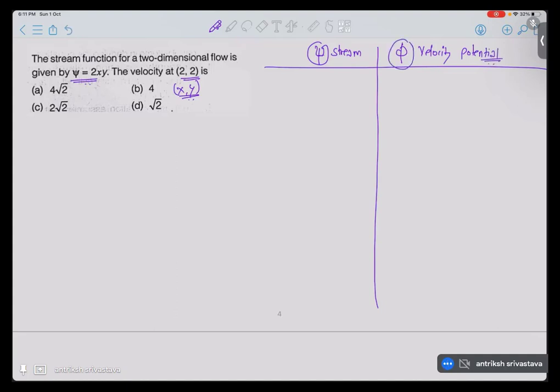Can we get the velocity u component, v component from the stream function? Yes, we can. How? u is equal to minus d psi by dy. v is equal to d psi by dx.